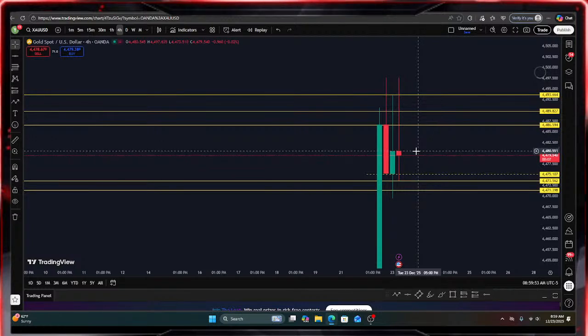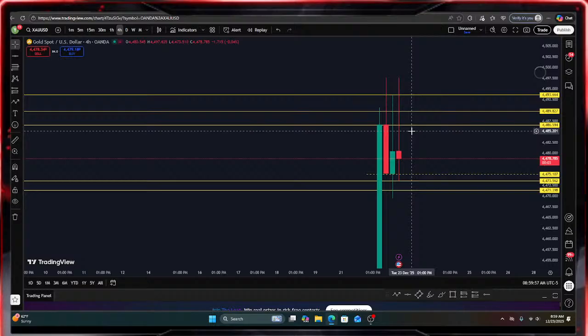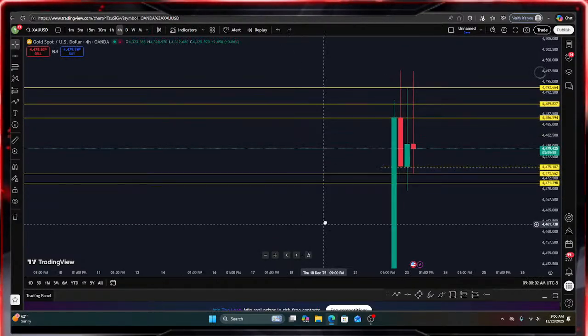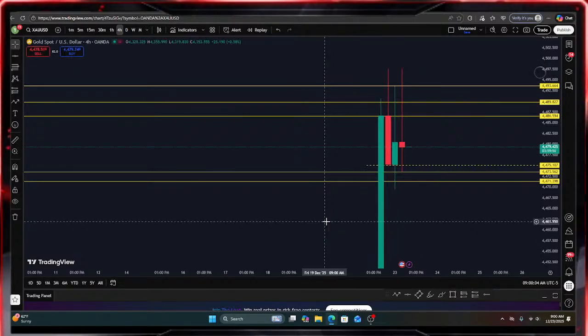If we close and we open up, we print a high first and then we flip bearish, then we most likely look for sells and avoid the weak entry buys. So let's see, we close bearish.